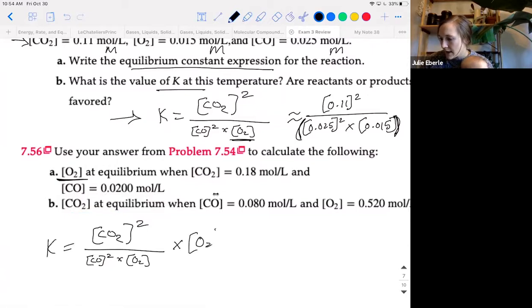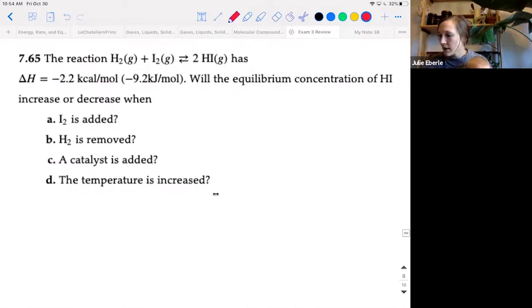I'm trying to get oxygen by itself. Now I'm almost there. Now I can divide both sides by K.